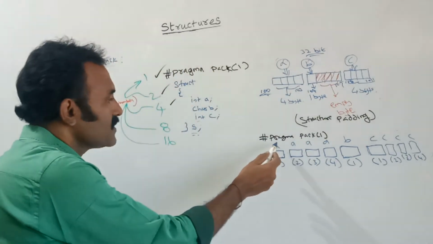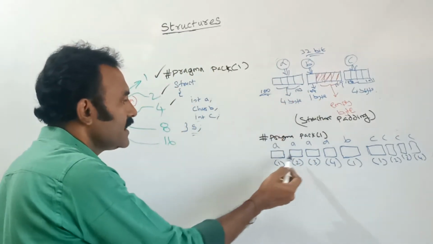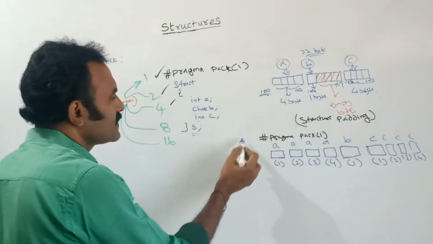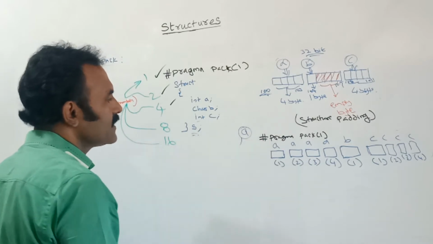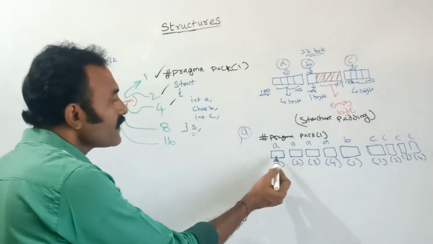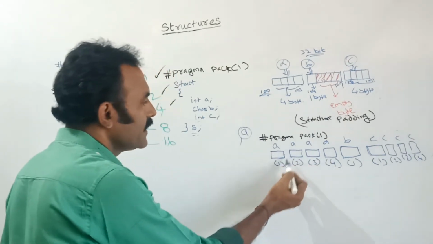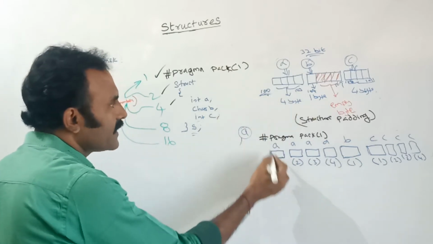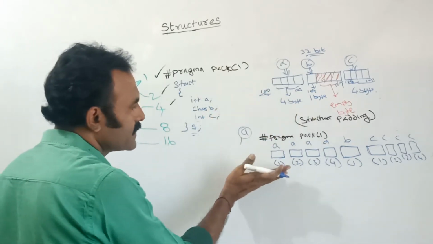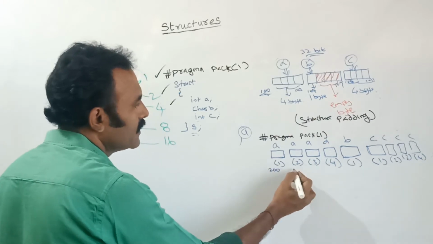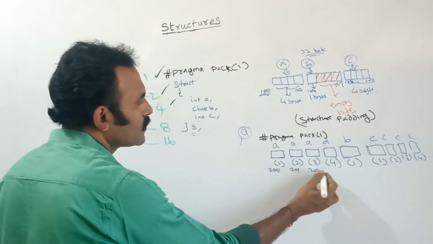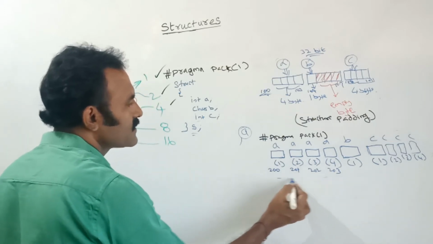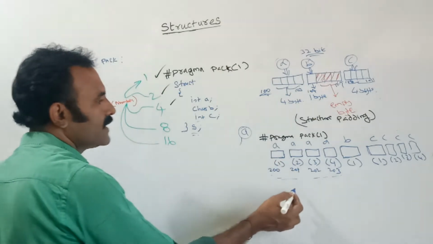Suppose if you are using pack 1, for each and every cycle it will read one byte only. See the first byte, it will check a, how much is the integer value. So here it will split that into a of 1, a of 2, a of 3 and a of 4. Here each and every address, for example, let us take this one. If it starts from 200, next 201, 202, 203. From 200 to 203, this block specifies the variable a, that is member a.